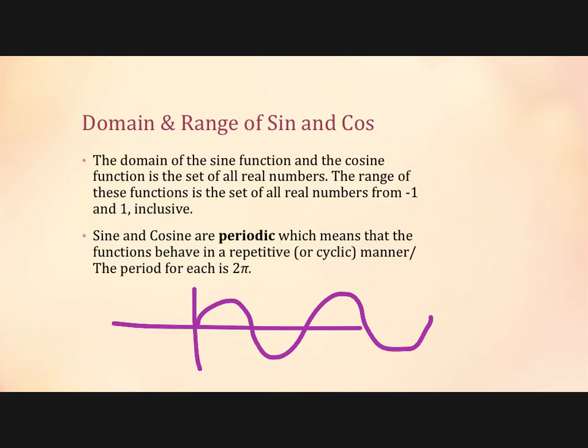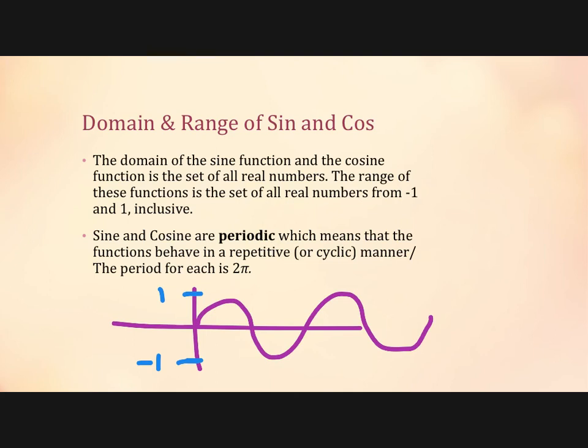But if you also remember that the range is bottom to top, your standard sine and cosine functions never go above 1 or below negative 1, which means the range would be from negative 1 to positive 1 inclusive, which means it can include negative 1 and positive 1.